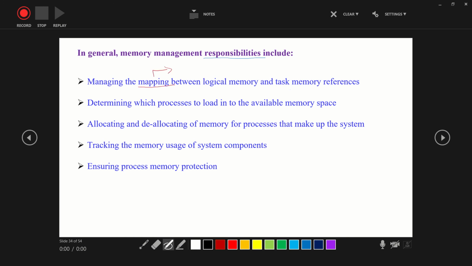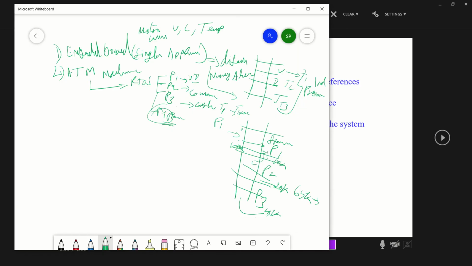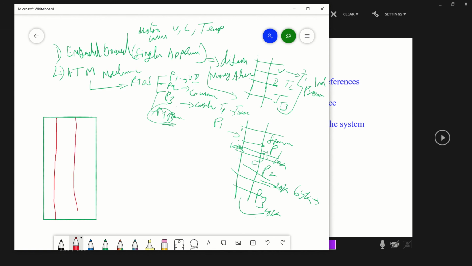Mapping means this is the memory which is available here. I am going to subdivide it. Okay, so here properly I am going to subdivide.